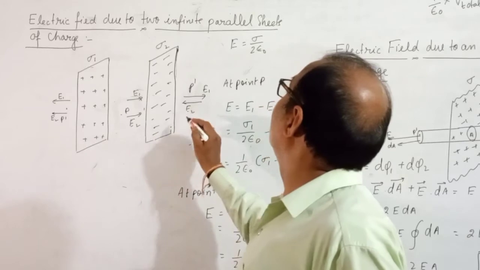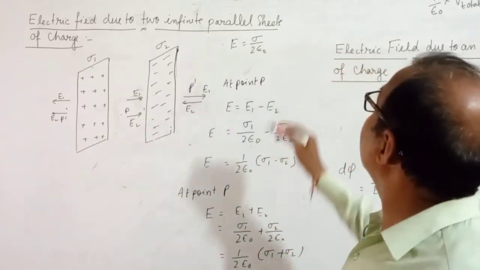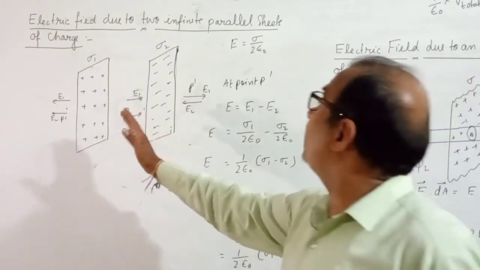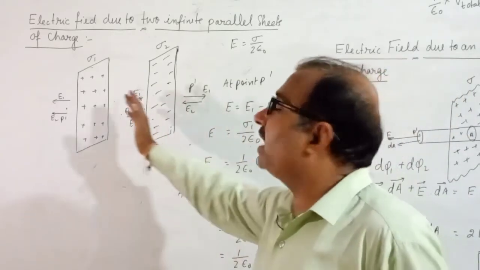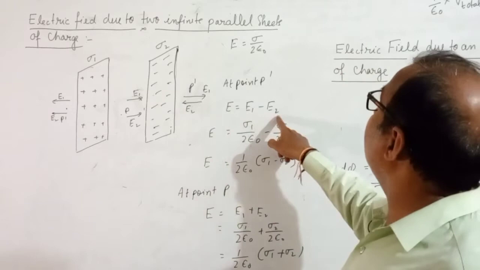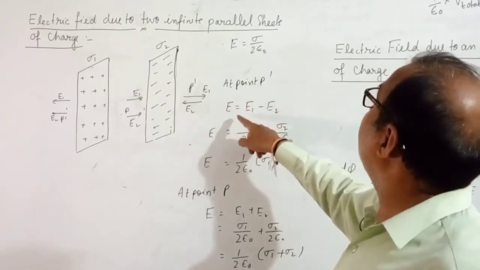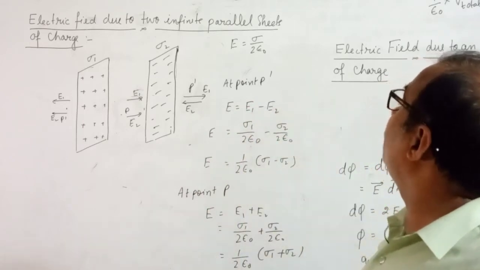So here both are in opposite directions. Due to plus charge, it is outward. Due to minus charge, it is inward. So now E at P dash equal to E1 minus E2.